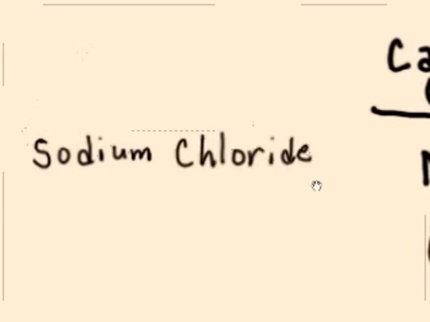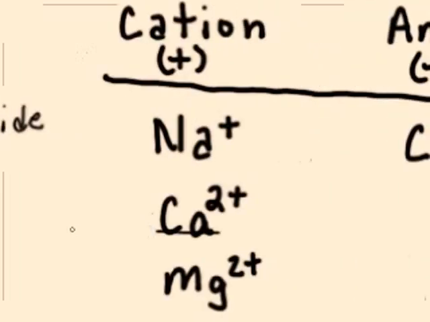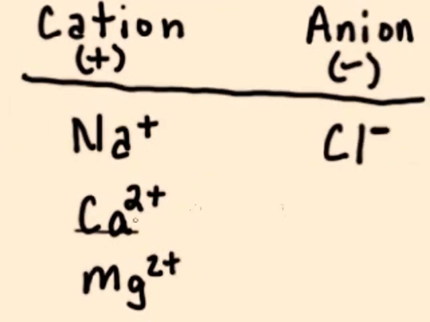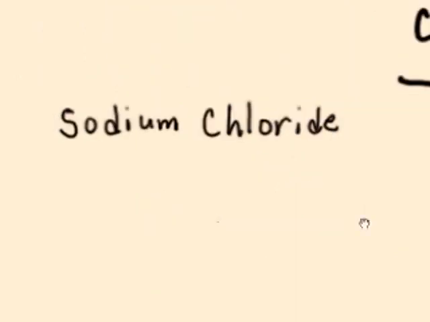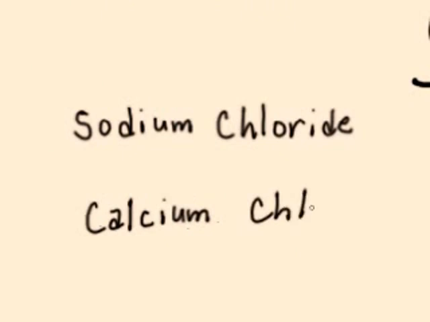Okay. If you have the calcium cation and the chloride again anion, we call the salt calcium chloride, which makes sense, calcium and chloride.